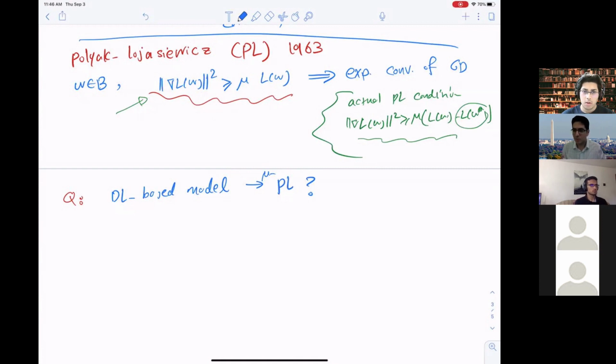We'll show the precise evolution of the loss function, so that will be clear. There is a question of what is mu. Mu is a constant, and we want this mu to be as large as possible, ideally. Okay, so let me move on.